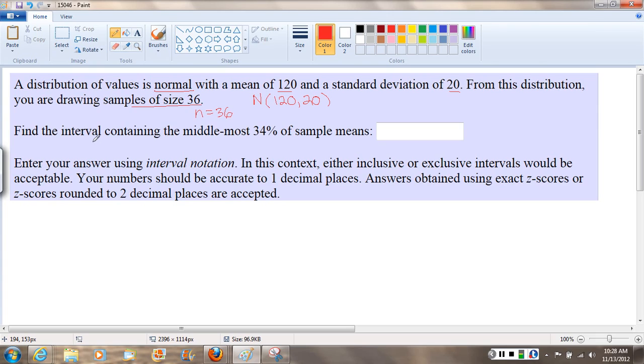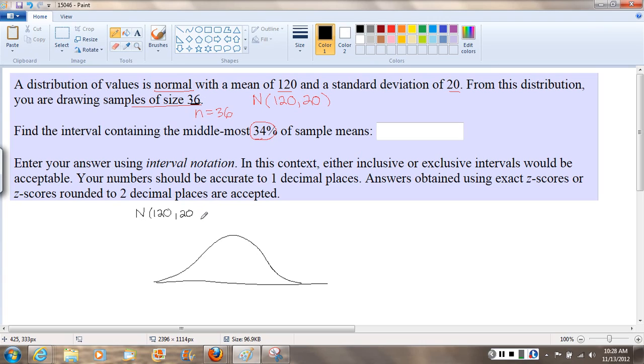It's nice to have all that information somewhere we can get at it quickly. Now they're looking for the interval containing the middlemost 34% of samples. So let's draw a picture and see how that 34% fits into the picture. I'm going to sketch my horizontal axis and my normal curve, and I'm going to write above it the given information of the mean of 120 and the standard deviation of 20, and I'm going to note I'm taking samples of size 36.